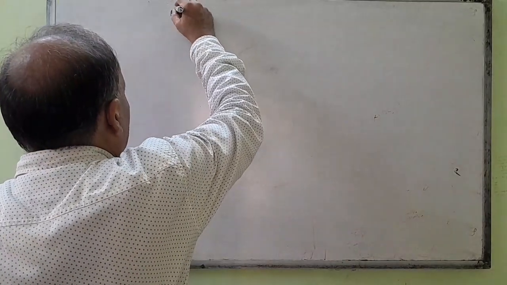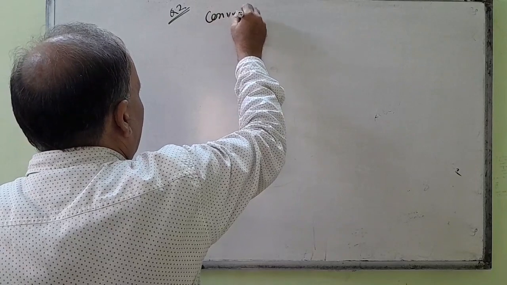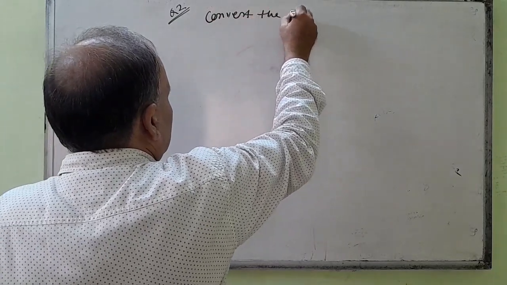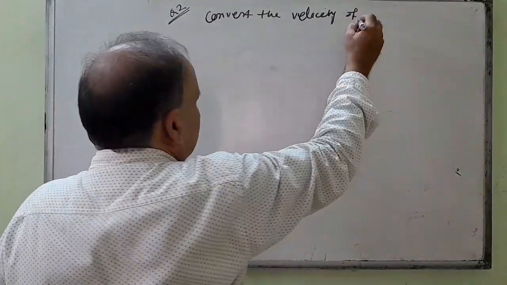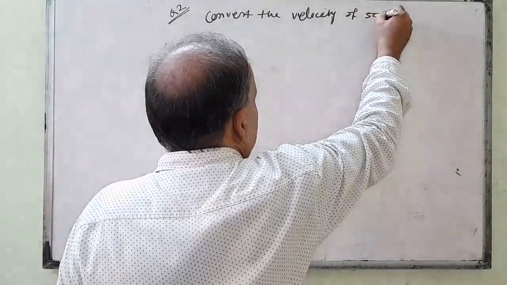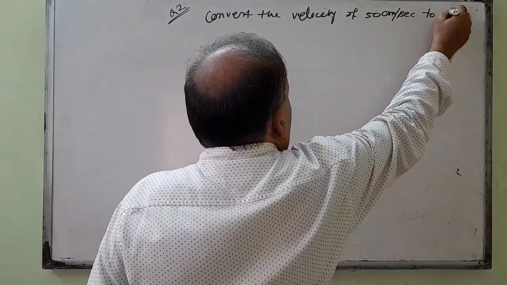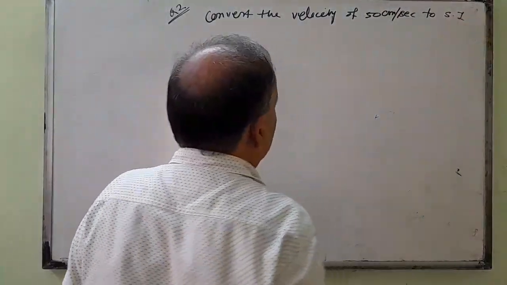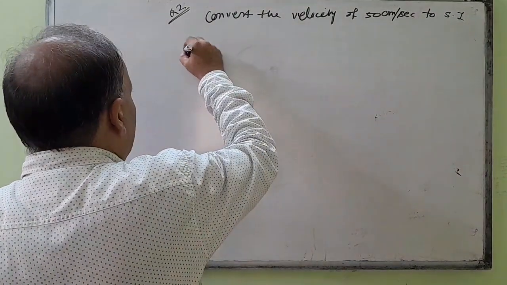Question number 2. Convert the velocity of 50 centimeter per second to SI. You see, how can you do it?